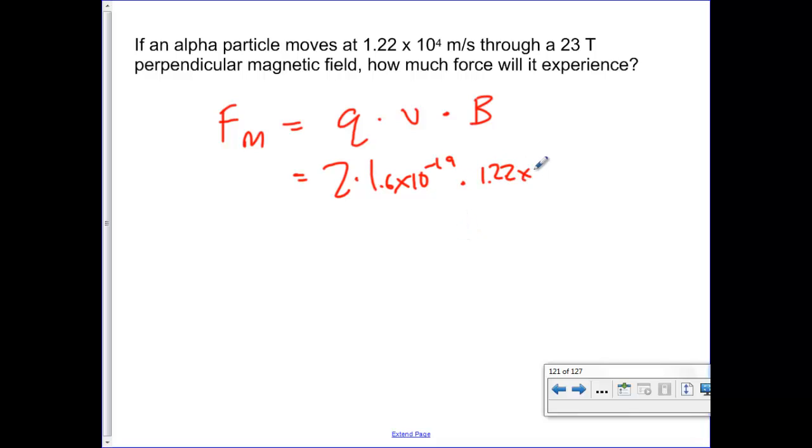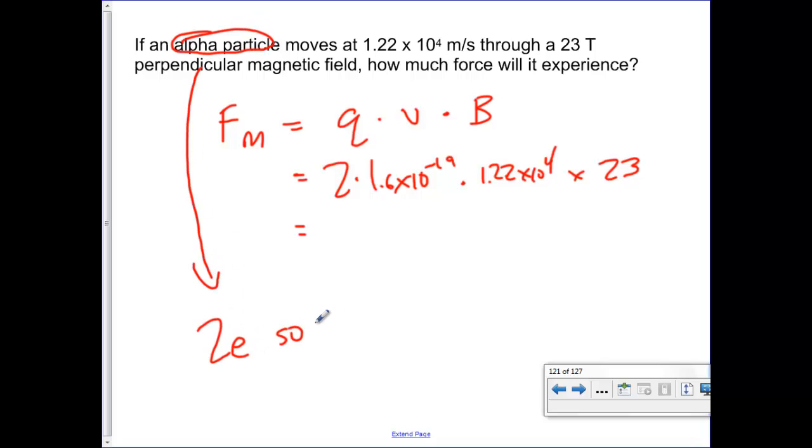And then your velocity is 1.22 times 10 to the 4. And that's a really strong field. We're solving for force. So just in case you missed that, the alpha particle is 2e. So it's 2 times 1.6 times 10 to the minus 19 coulombs. That's the charge on an alpha particle.